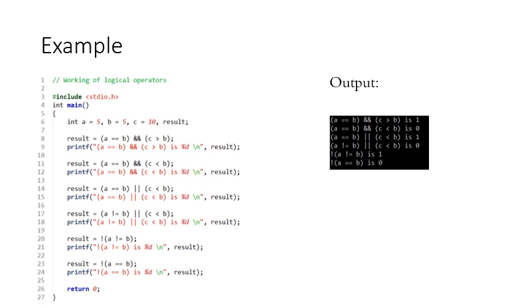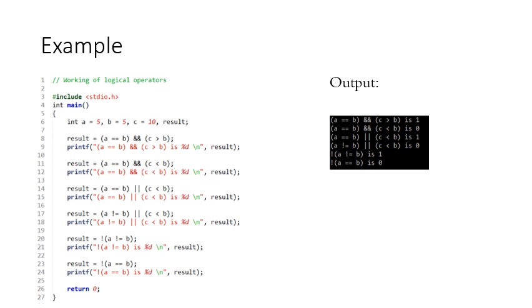Now for line 11. We evaluate whether a is equal to b and whether c is less than b. Similarly, a is equal to b because they both have a value of 5. But c is not less than b because c is 10 and b is 5.